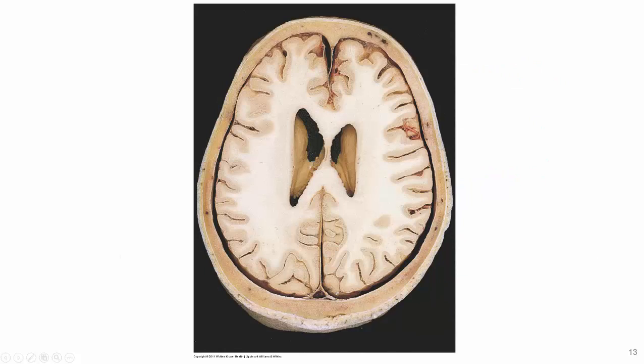Here's a similar view, except that now we get to see these hollow structures in the brain, and these are the ventricles. More specifically in this case, this is the lateral ventricle in the right hemisphere, and you can see that there are two lateral ventricles. These two areas over here, these projections over here, are actually the thalamus.